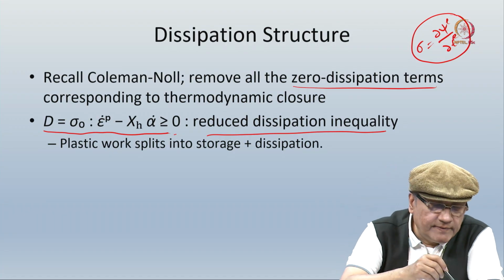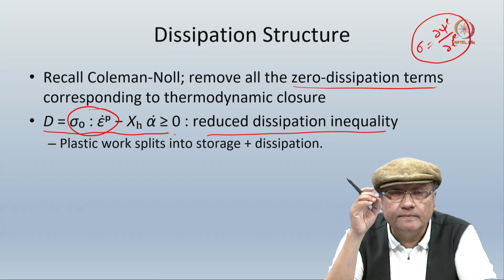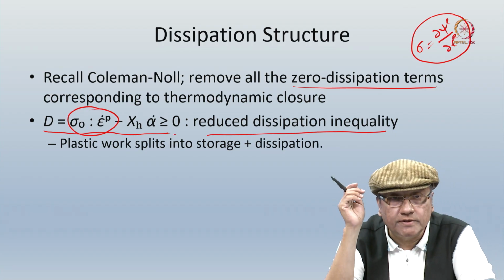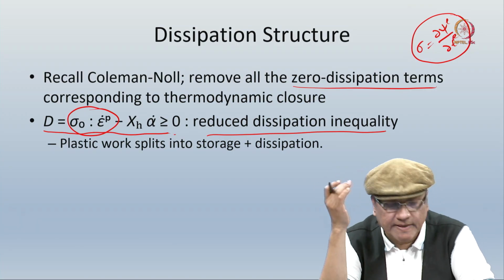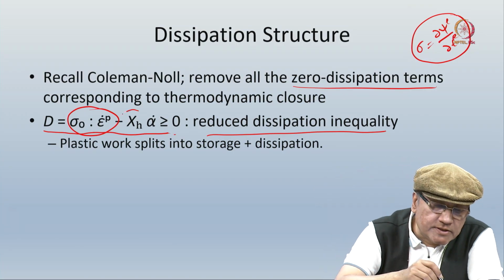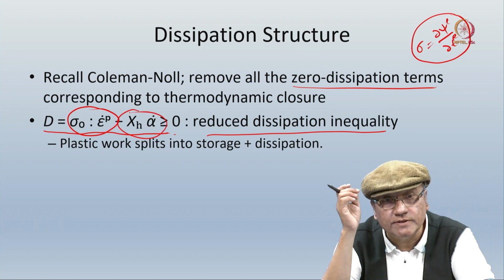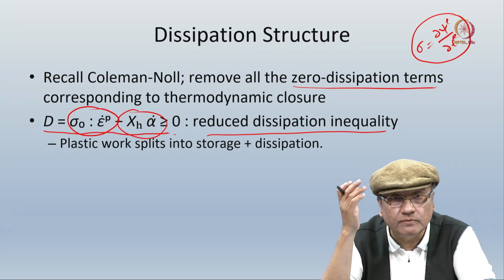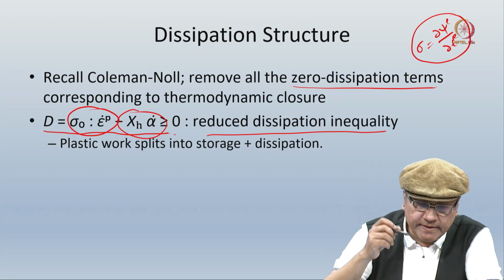So you have the deviatoric stress inner product with epsilon p dot as the dissipation as if it is perfect plasticity, minus the stored energy, X_h, which is the thermodynamic force acting on alpha dot, producing the work needed, or energy, stored energy, right.